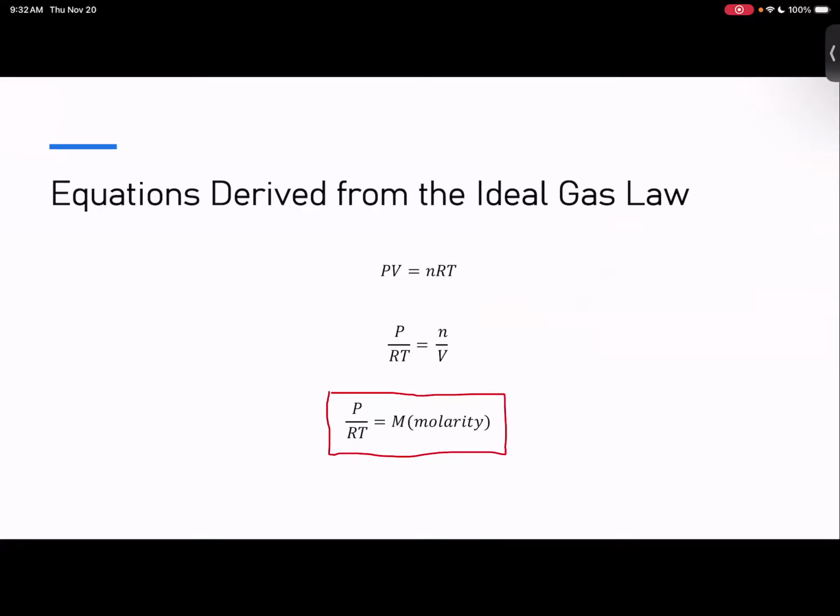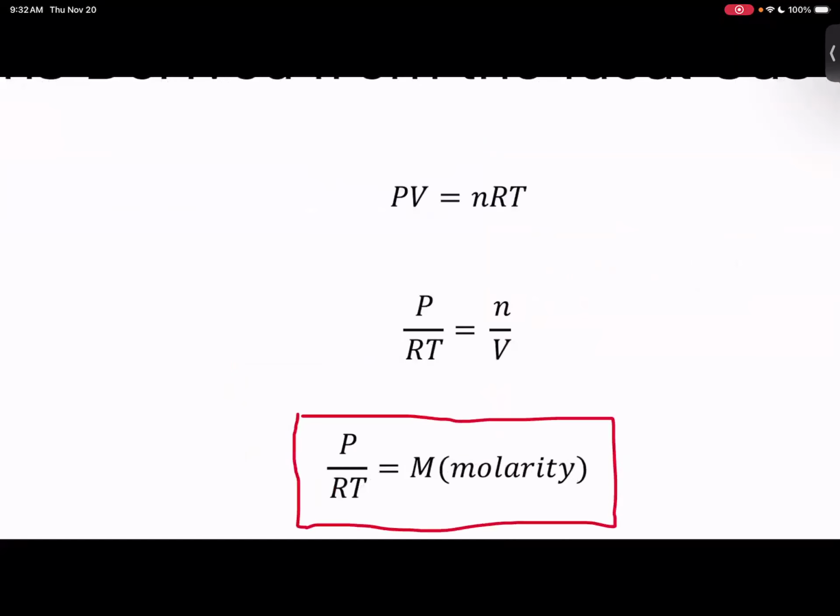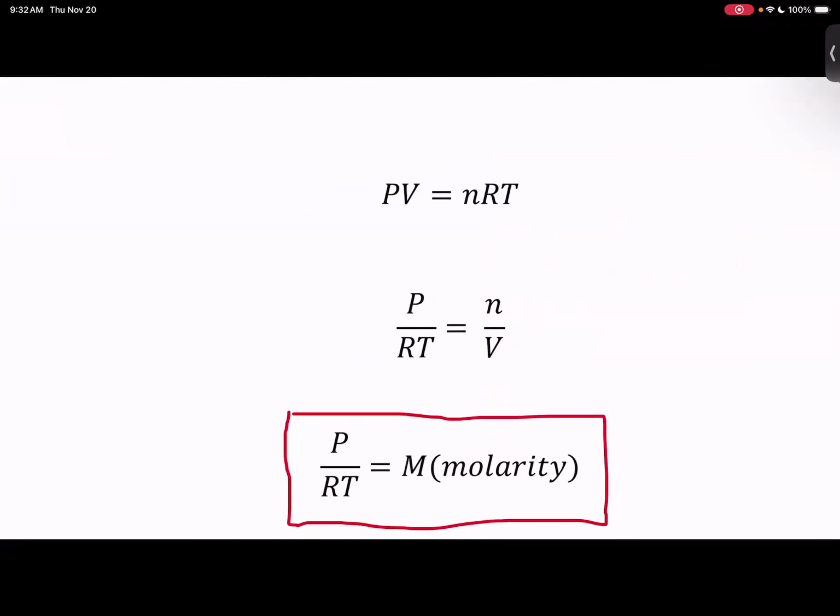The very first one is if we take PV equals nRT and rearrange that equation, P over RT is equal to n over V. Since n has the unit of moles and V has the unit of liters, that means that P over RT is equal to the molarity.